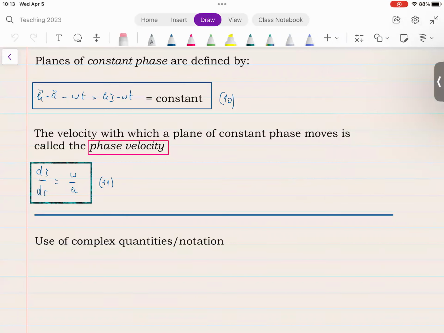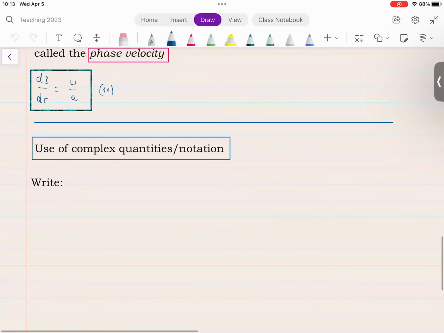And here is how it goes. I'm going to write my wave as psi of r and t equal to A times the exponential of i times (k dot r minus omega t).